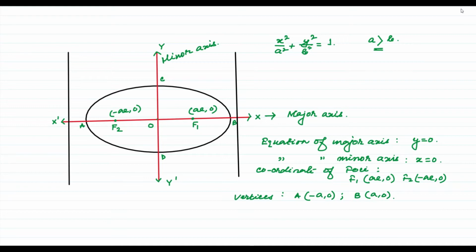The coordinates of the endpoints of the minor axis, that is C and D, since this length is b, so obviously the coordinate of point C should be 0 comma b and the coordinate of D should be 0 comma minus b.